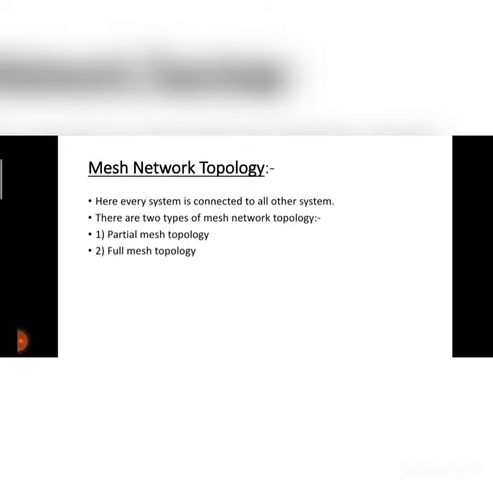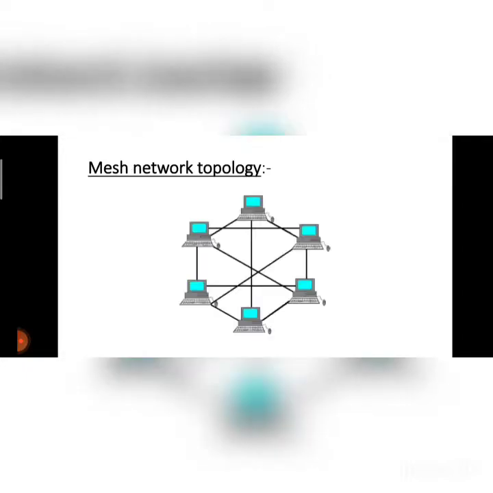The fourth one is mesh network topology. Here every system is connected to all other systems. There are two types of mesh network topology, that is partial mesh topology and full mesh topology. Let us understand this with the help of this picture. As we can see, in mesh network topology, each computer is connected with all other computers, right?